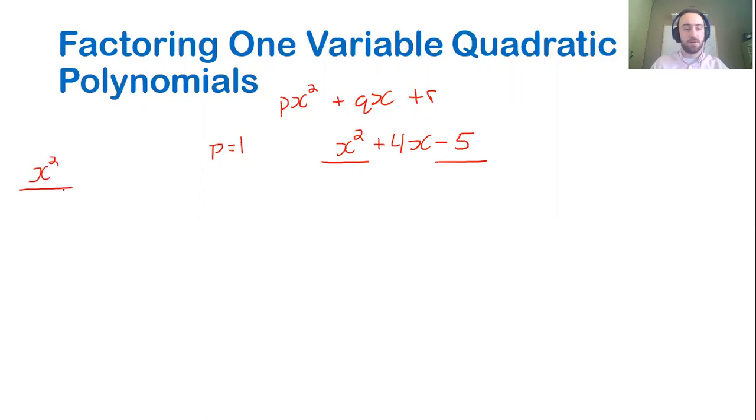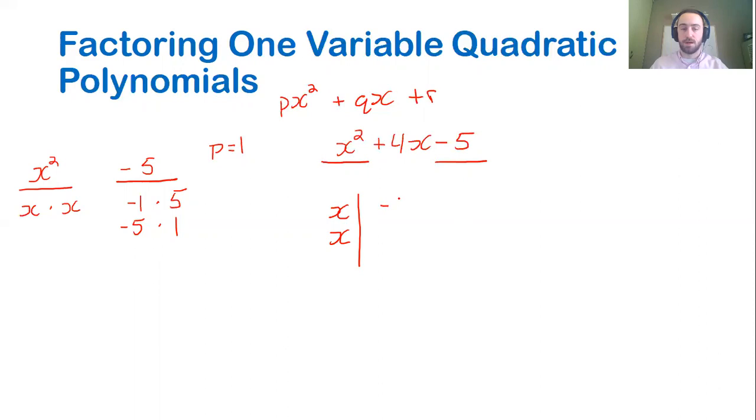For x squared, our factors are simply x and x. What about for negative 5? Well, for negative 5, we simply have negative 1 and 5, or negative 5 and 1. Great. Now for the cross method, we write our factors vertically with a line dividing our factors of our last term.